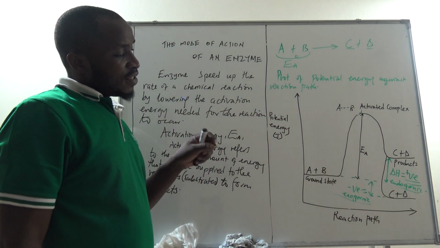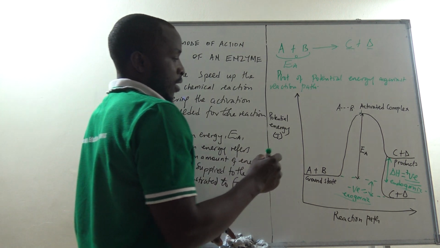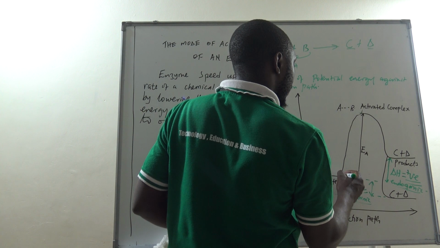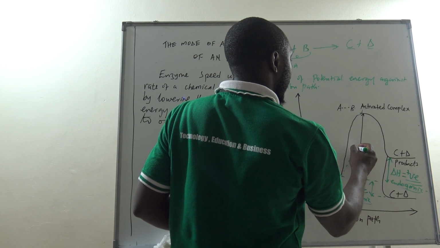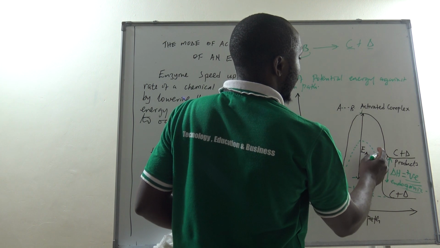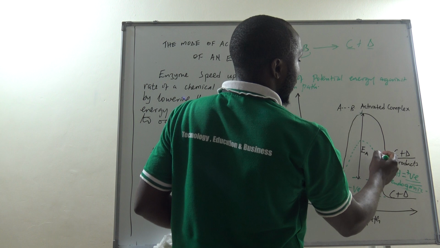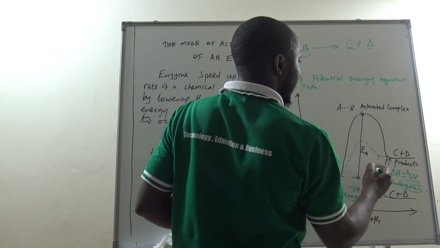So how do enzymes work in this case? Enzymes work by lowering the activation energy. Sometimes, even after lowering the activation energy, the products are formed earlier.